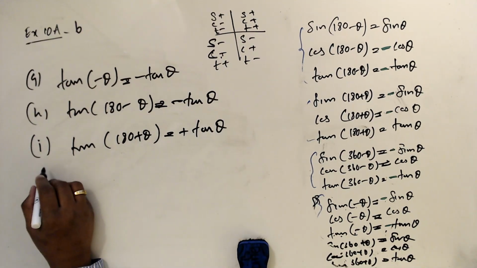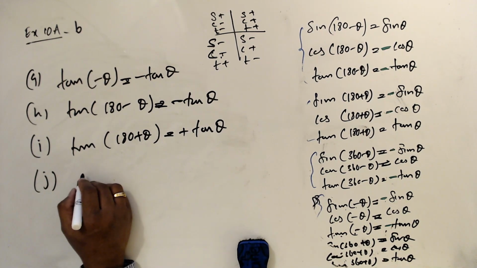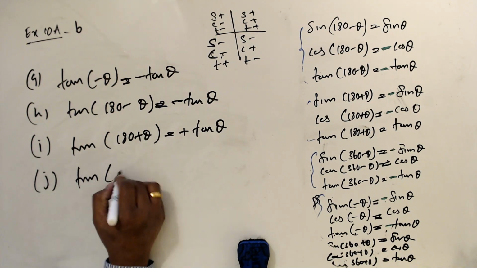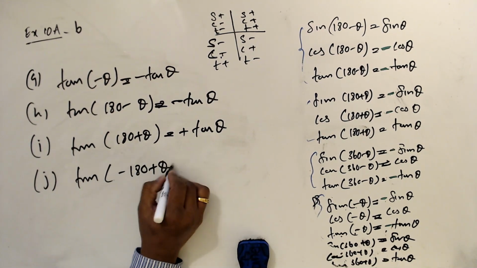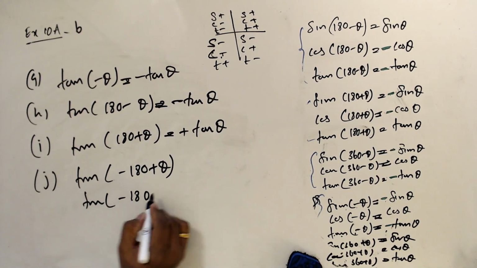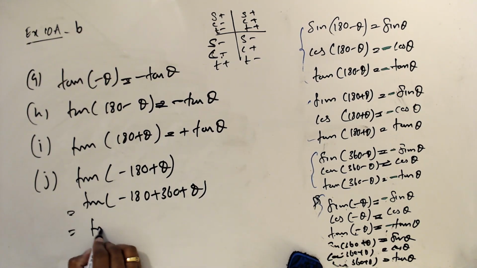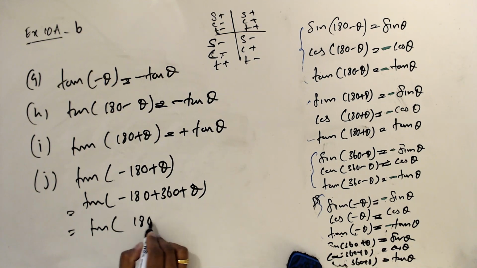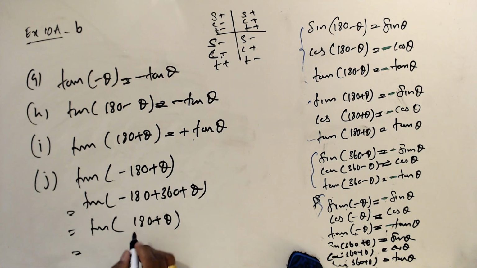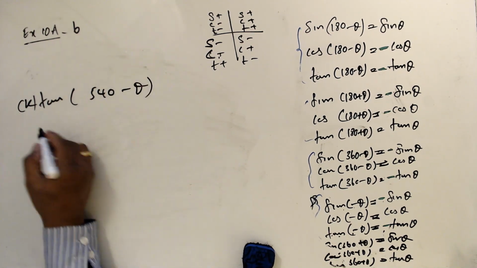Positive tan theta. Tan minus 180 plus theta. I'm not happy, so I'll add 360 plus theta to make it positive. So tan 180 plus theta. So again, 180 plus theta means what? Tan theta.